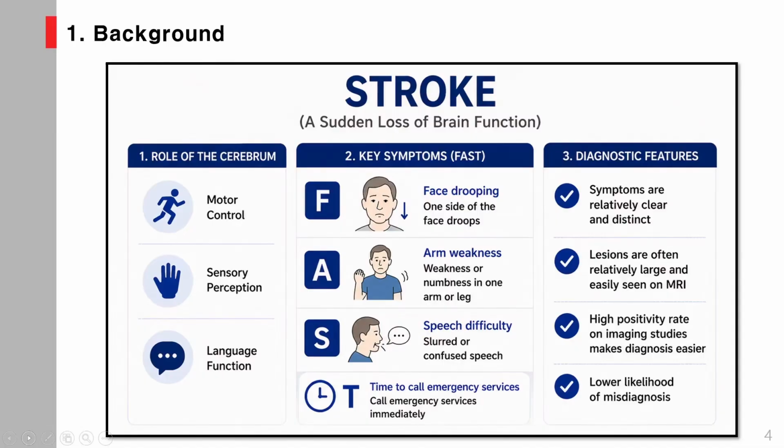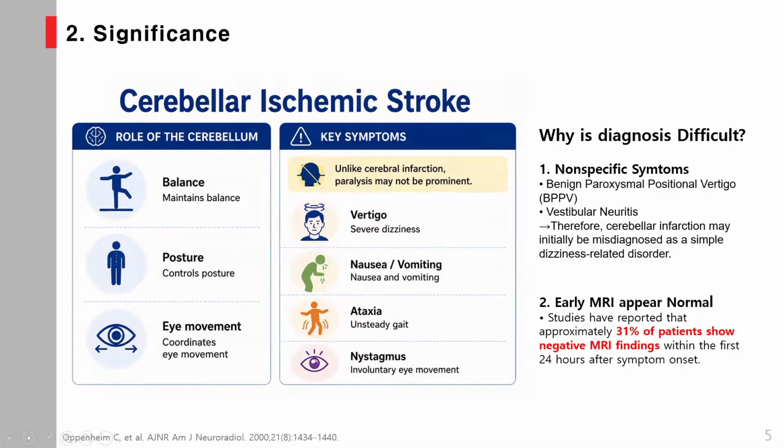However, not all strokes can be detected using the FAST assessment. In particular, cerebral ischemic stroke is known to be more difficult to diagnose. Patients with cerebral stroke may present with non-specific symptoms such as dizziness and vomiting, which are also common in other vestibular disorders.